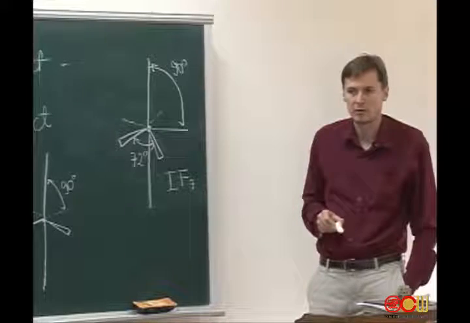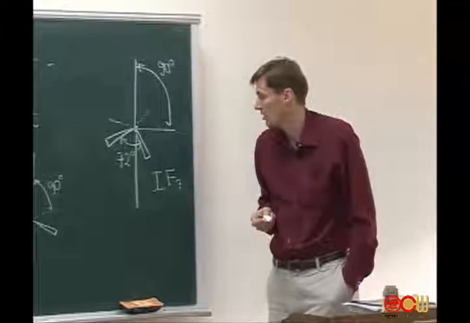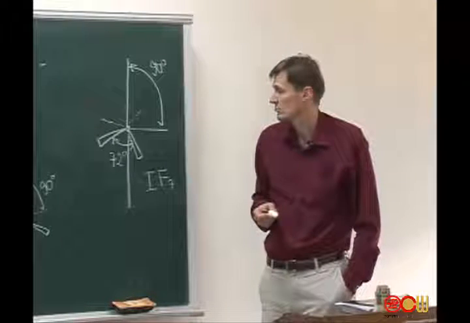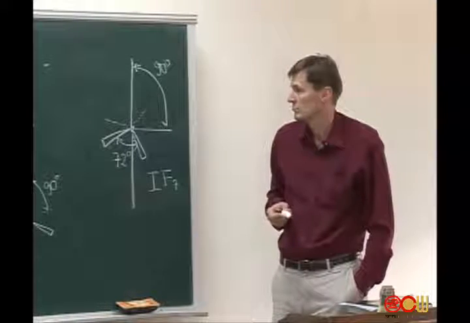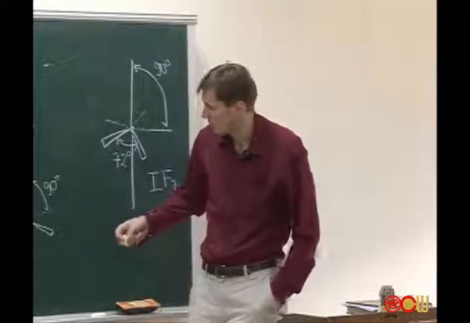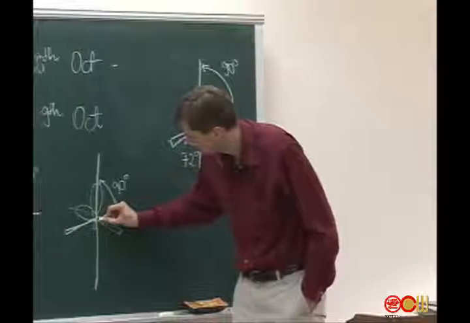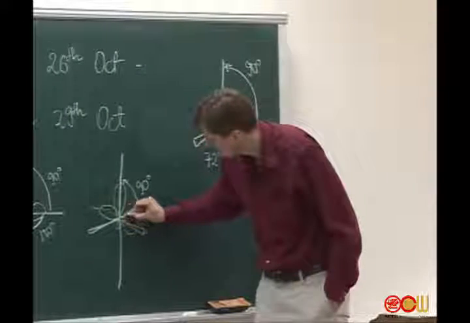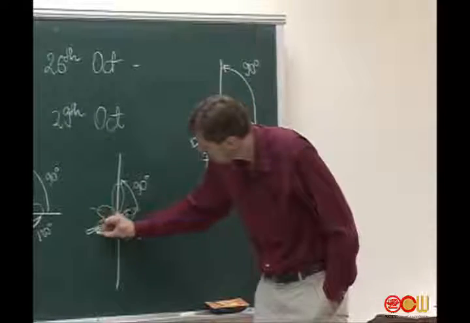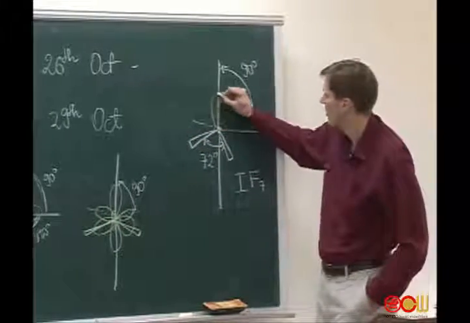Very strange molecule. Maybe there are some more, but I just know this one. And of course, if I really want, I can write the molecular orbitals everywhere, but this is not making the picture much more clear.